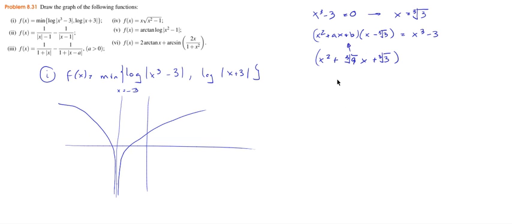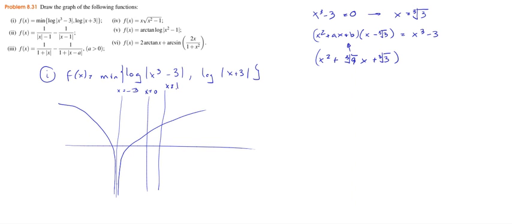Now if you try to find the roots for this, you will realize there are no roots, because minus 4 times this is greater than this square. So there's only one root, which is the cubic root of 3, approximately 1 point something. So this is x equals 0, and this is the cubic root of 3.